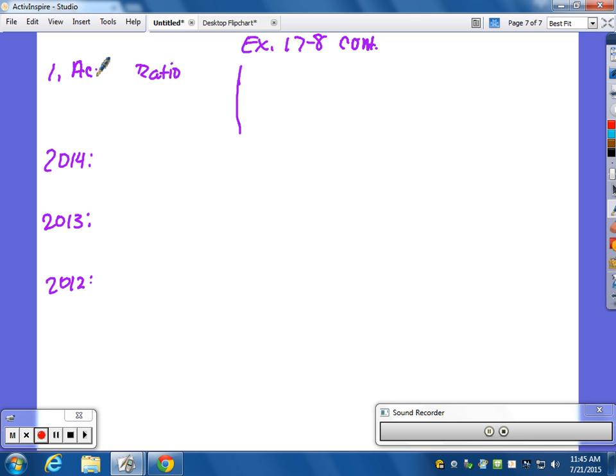Cash plus short-term investments plus current accounts receivable, divided by current liabilities.